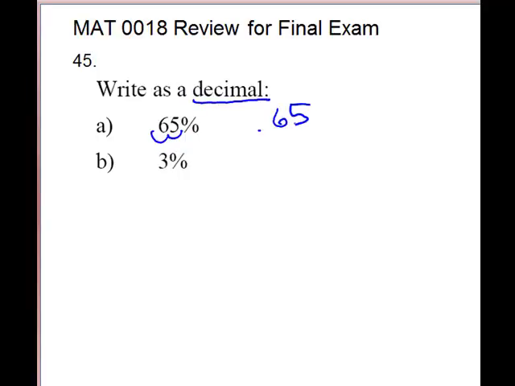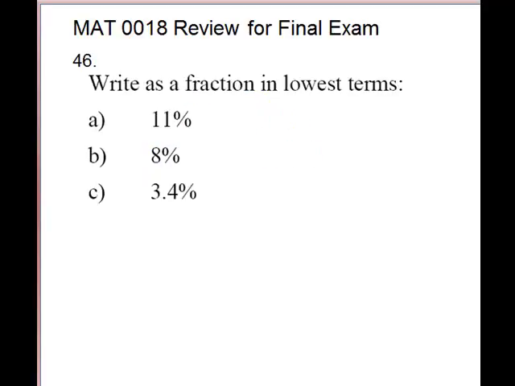For the second one, 3%, our decimal is at the end. We're going to drop the percent off and move the decimal 2 places to the left, so 0.03.